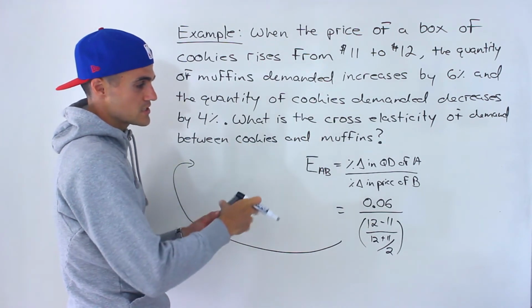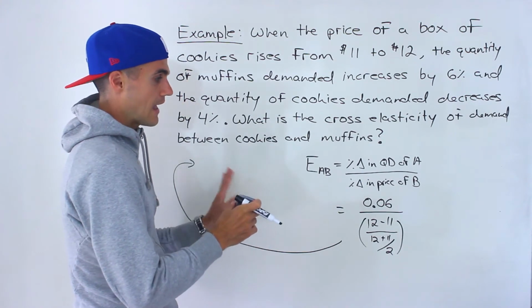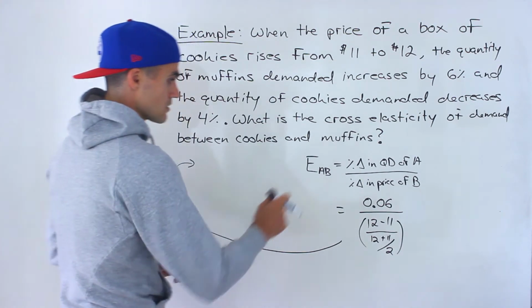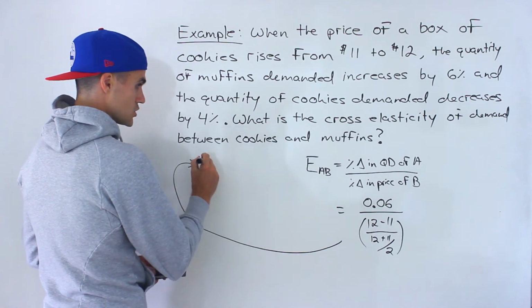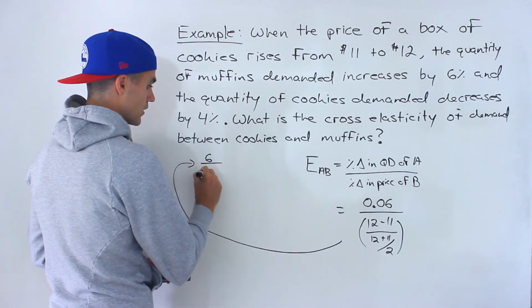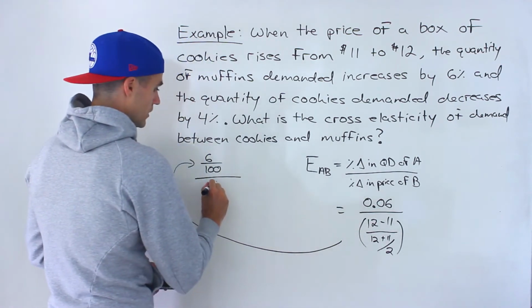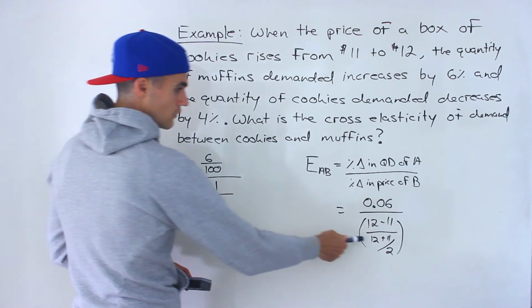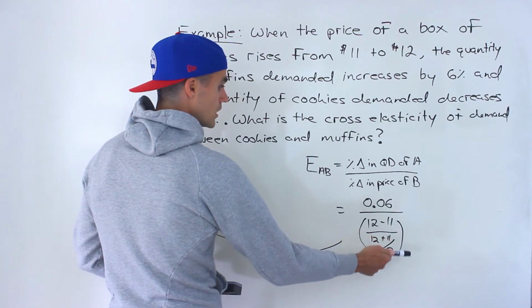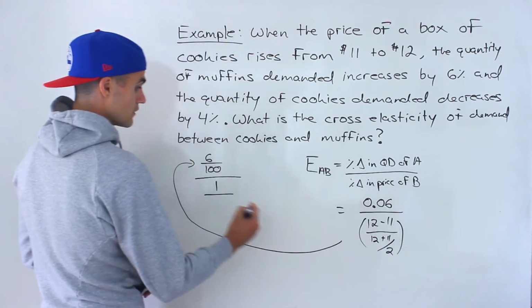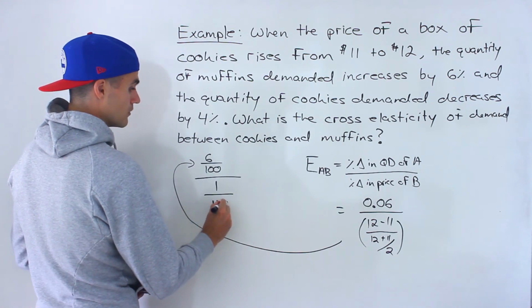Because on a multiple choice test, you may get different formats, and then the fraction will also convert to a decimal at the end. So the 0.06, I'm going to change that to 6 over 100. Over 12 minus 1 is 1. Over 12 plus 11, which is 23, divided by 2 would give us 11.5.